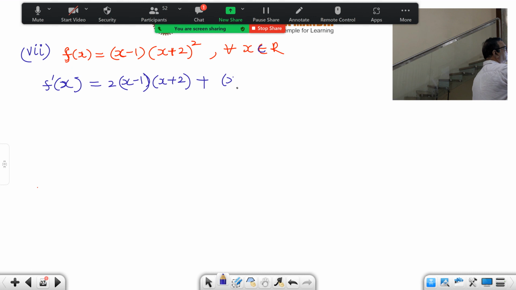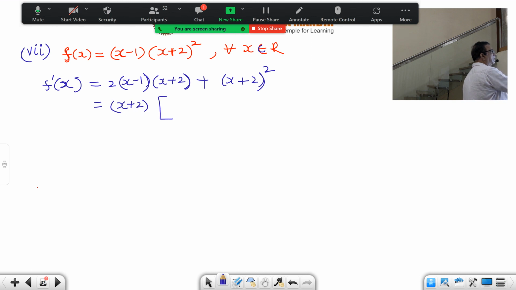See, the board is giving trouble. One into x plus 2 whole square. Okay, is it right? x minus 1 into 2 into x plus 2, plus x plus 2 whole square into derivative of x minus 1 is 1. So I'll take x plus 2 common.